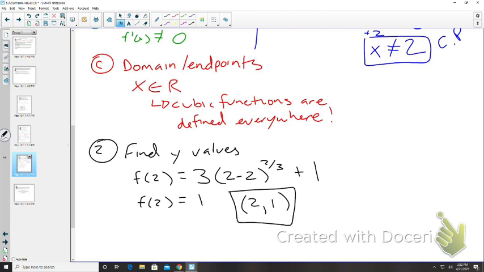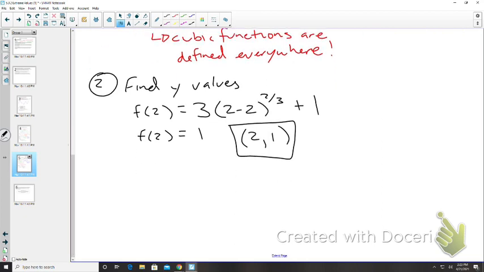Okay, so what are the extreme values on here? Are the extreme values all of the ones we're listing?